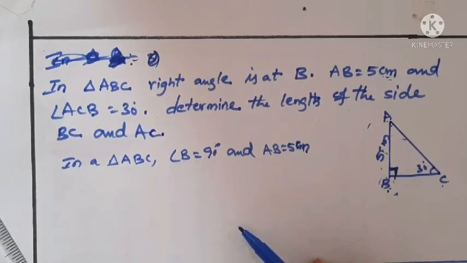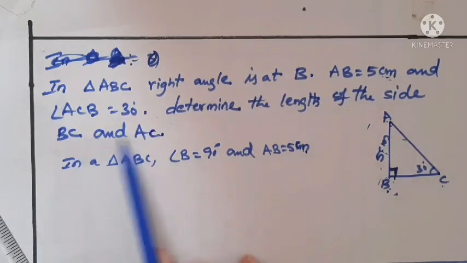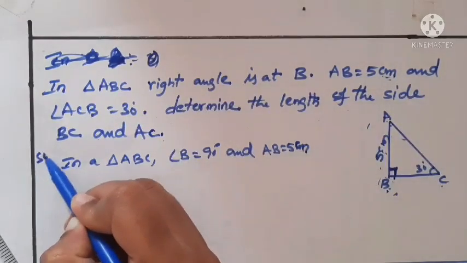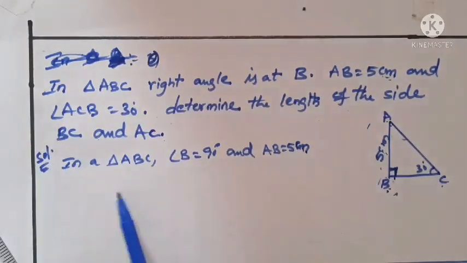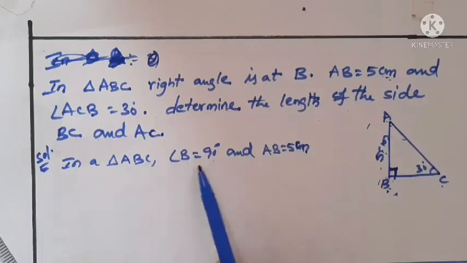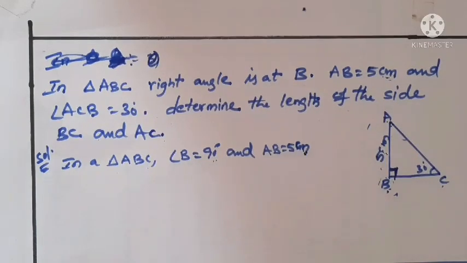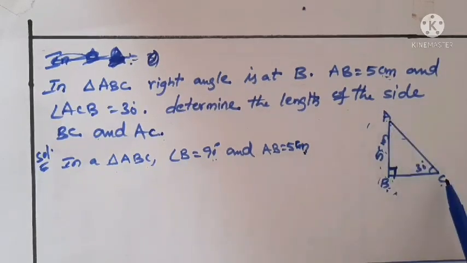And now what is asked to find out? BC and AC. In a right angle triangle ABC, angle B is 90 degrees and AB equals 5 centimeters. And now how can you find the AC length and BC length?